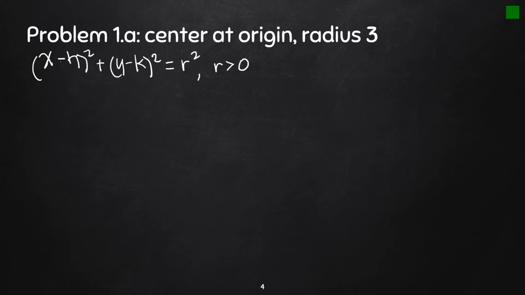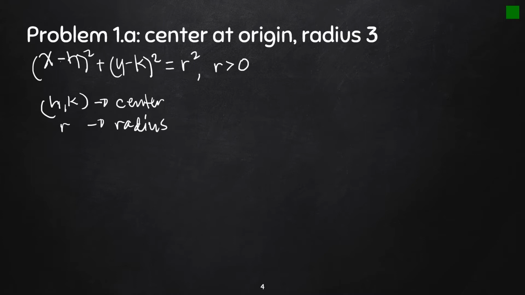In the standard form, the h and k in the equation is the center of the circle and r is the radius.